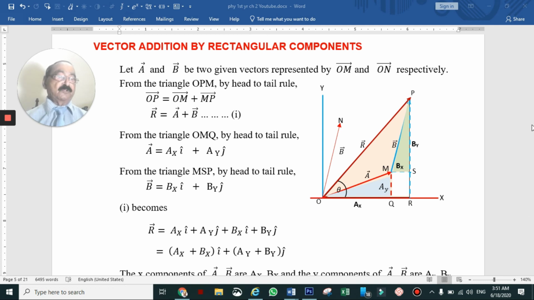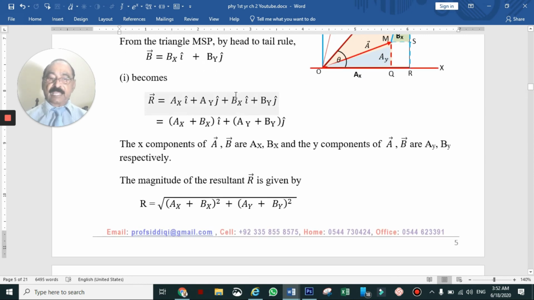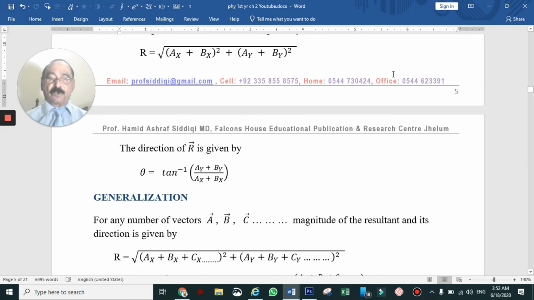Now you can find out the magnitude of this R vector. How can we have the resultant? Square root of x component whole square plus y component whole square. And what is the direction of R vector? The y component divided by x component, we take its tan inverse.